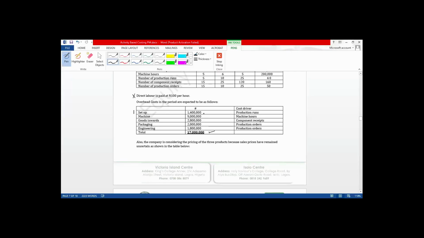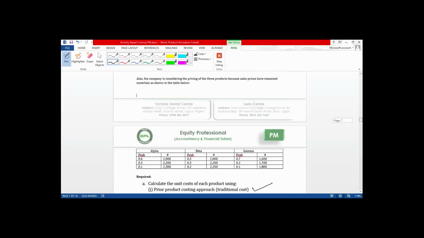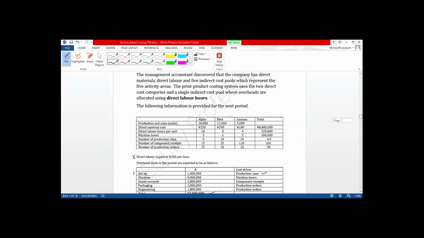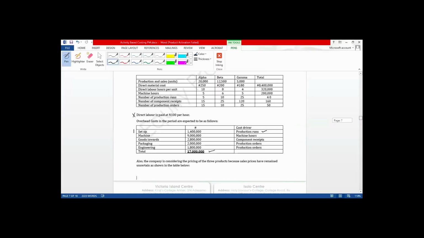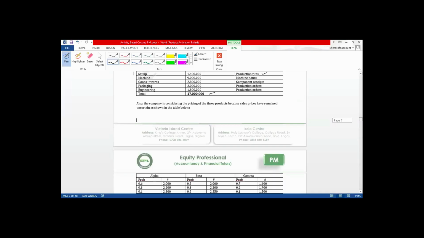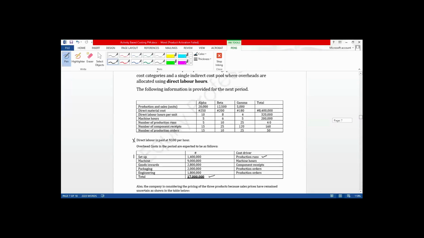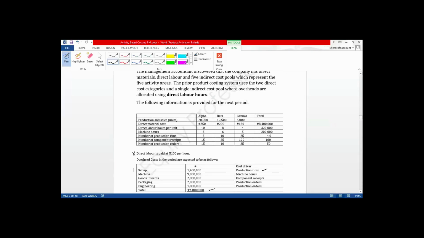Amount is 1.4 million. The cost driver is production run. Can you see it? Let's go and deal with this. Look at production run.